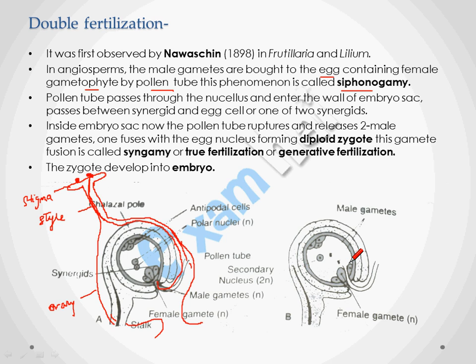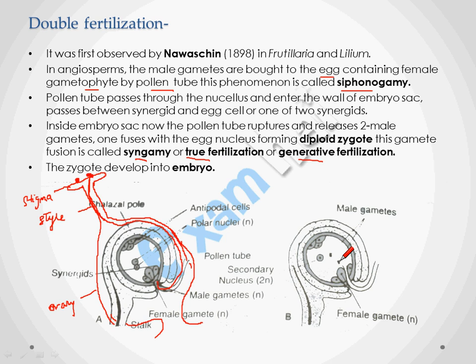Inside the embryo sac the pollen tube ruptures and the two male gametes are released, of which one fuses with the egg nucleus forming a diploid zygote. This fusion is called syngamy or true fertilization or generative fertilization.